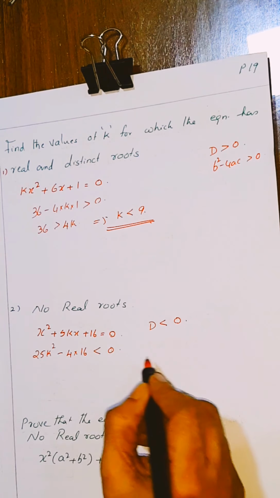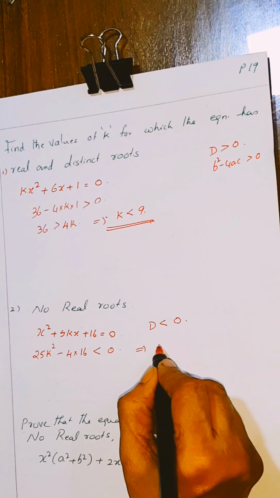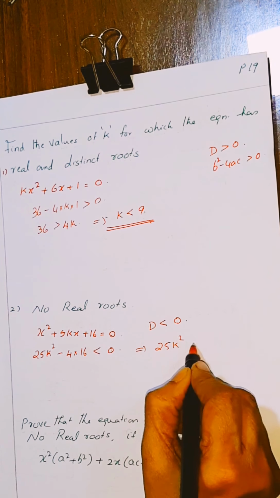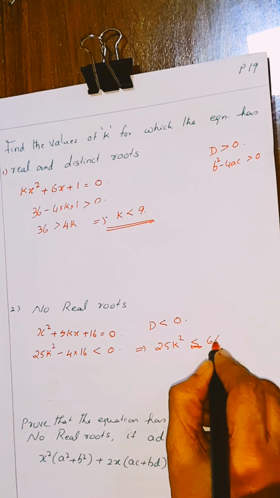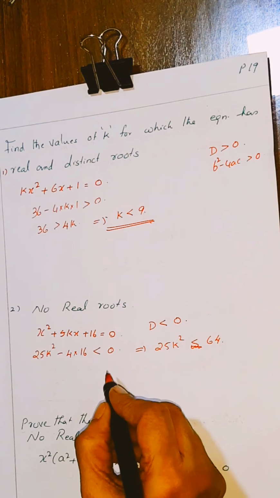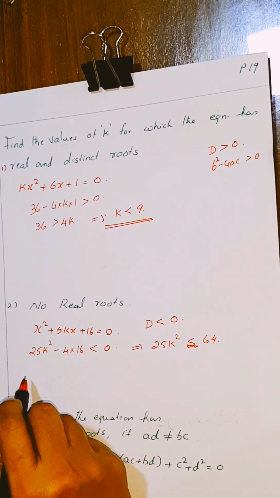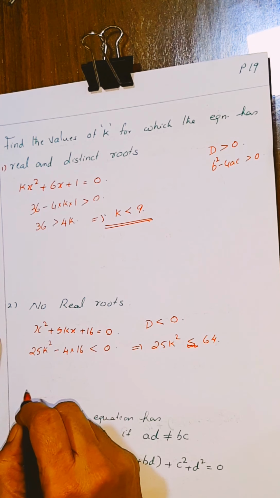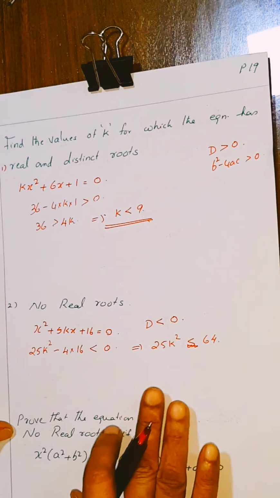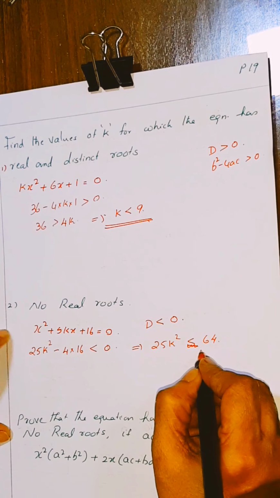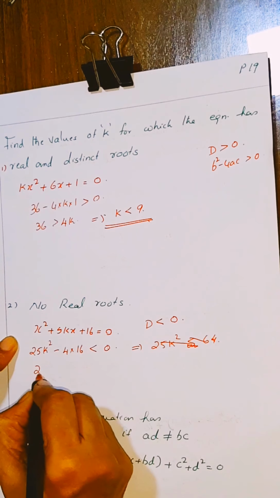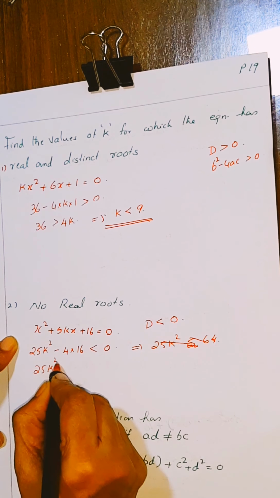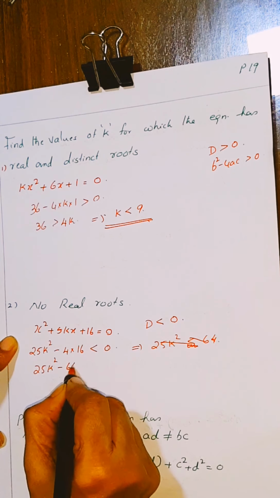So 25k squared is less than 64. I will write this 25k squared less than 64.